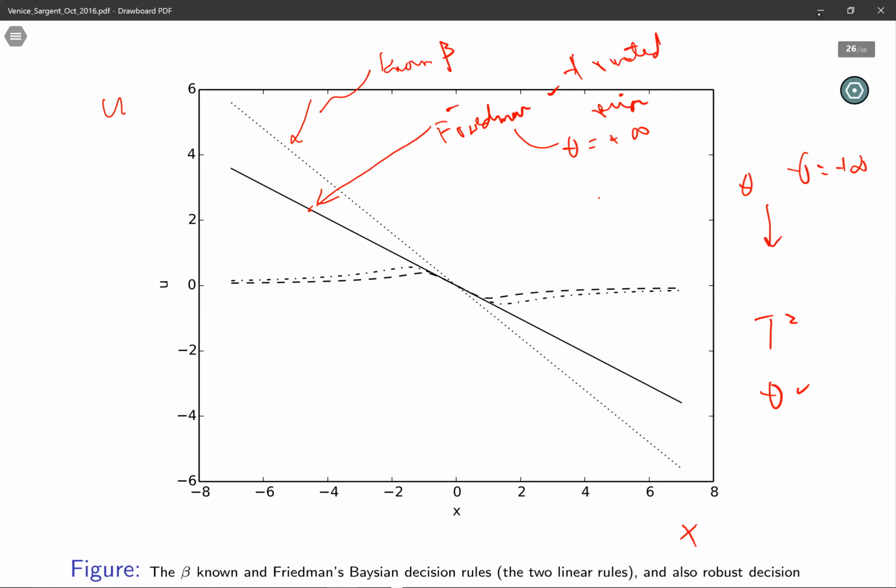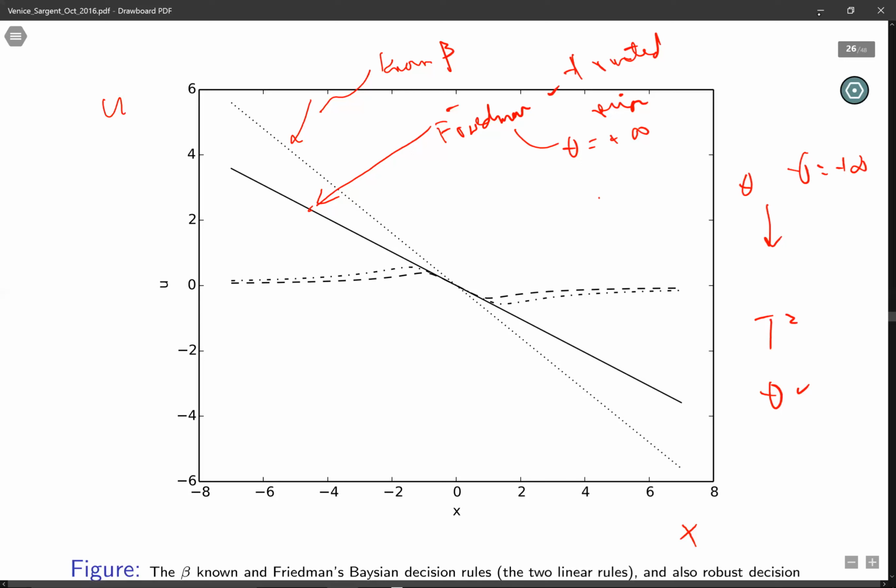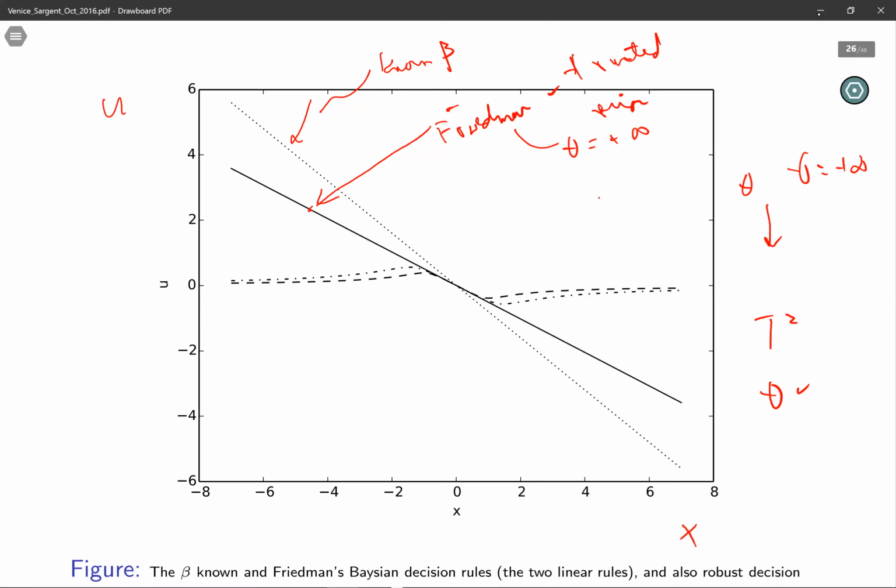Okay, so now when we turn on this particular representation of prior uncertainty, there's an interaction with Friedman's argument that you do less, and it becomes much more quantitatively important. So let's drill down and see why.